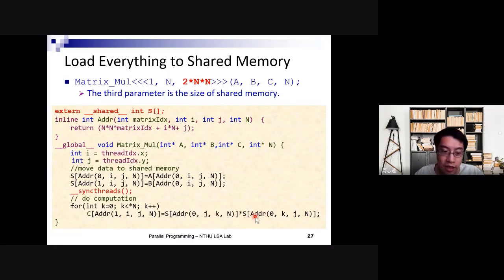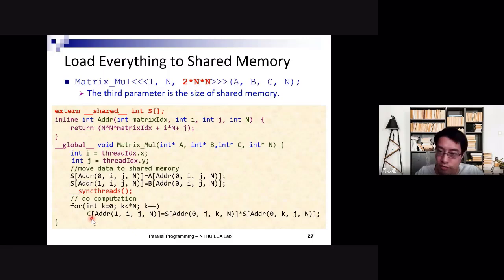And this code is slightly optimized because you can see that we only store matrix A and matrix B on the shared memory. We do not store matrix C because the result can be directly written to the global memory. We don't need the temporary storage in the shared memory.